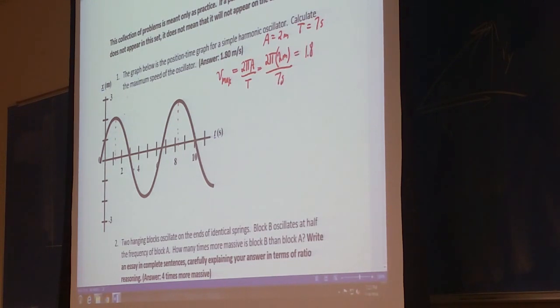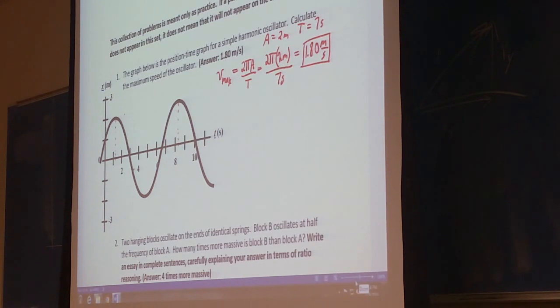That should give us 1.8. 4 times pi is about 12. Yeah, that makes sense. All right. You could have gotten the frequency from 1 over 7 seconds and then used the formula 2 pi f A instead.